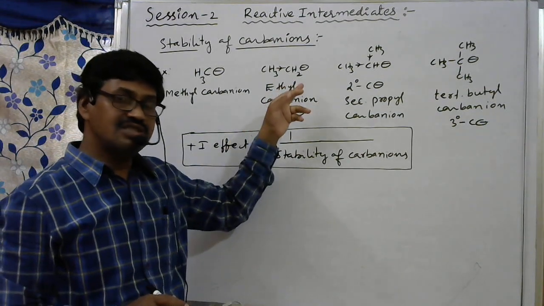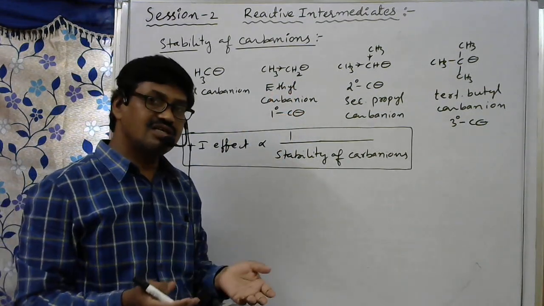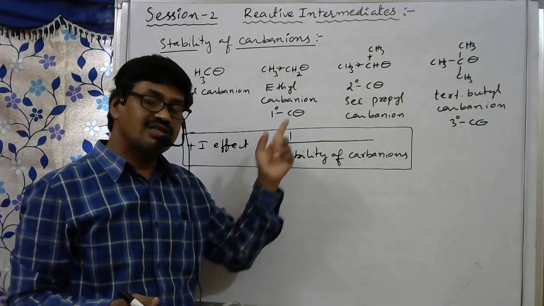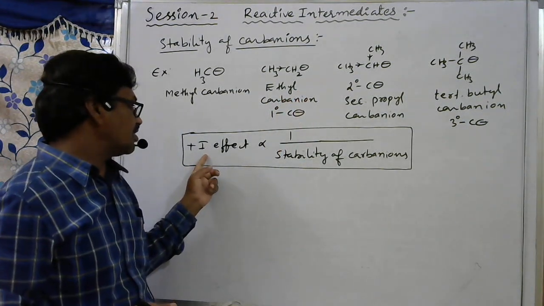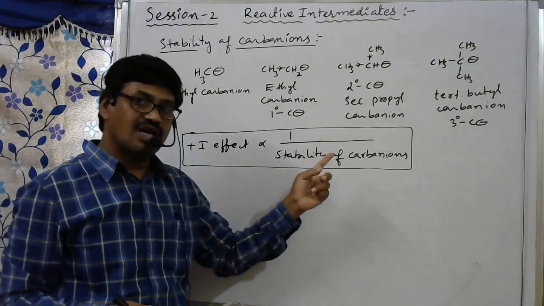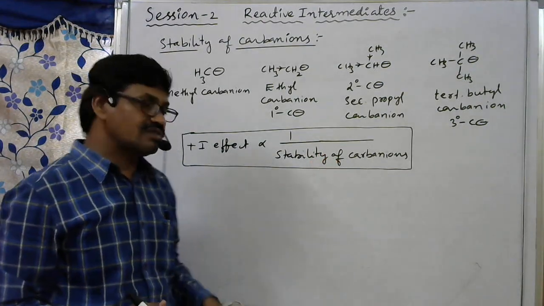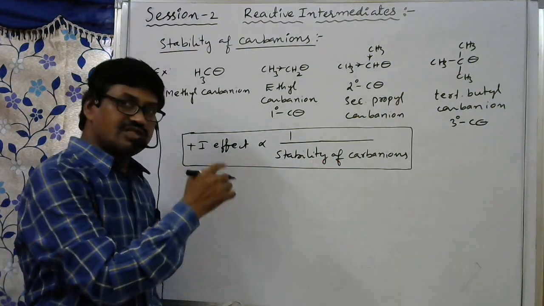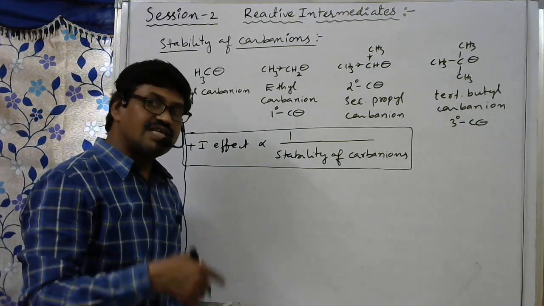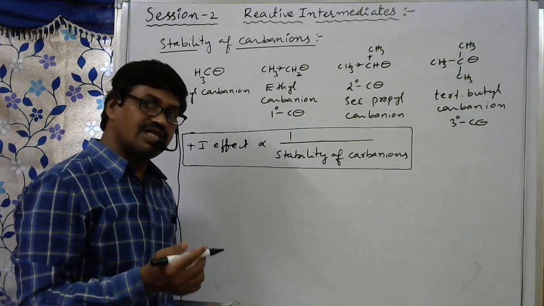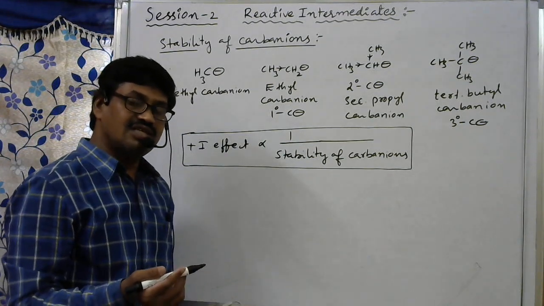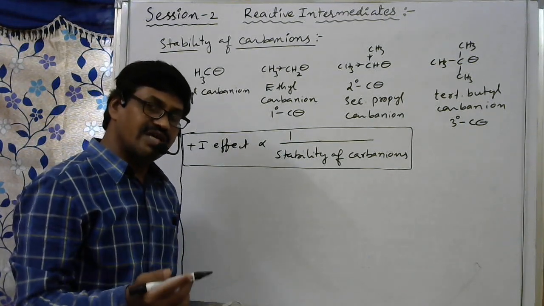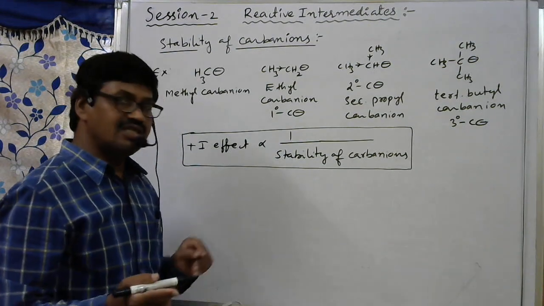Instead of compensation, there is an increase in the negative charge on the carbon. So when the plus I effect increases, the stability of the carbanion decreases because the negative charge intensity on the carbanion increases.